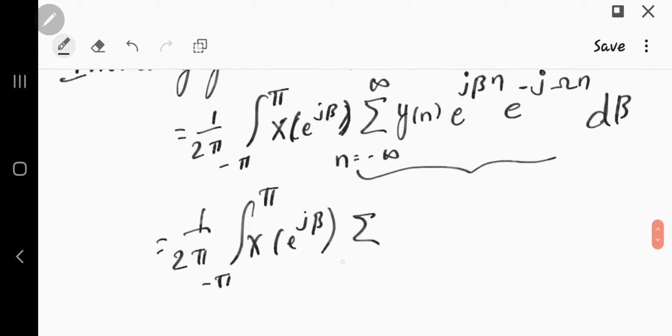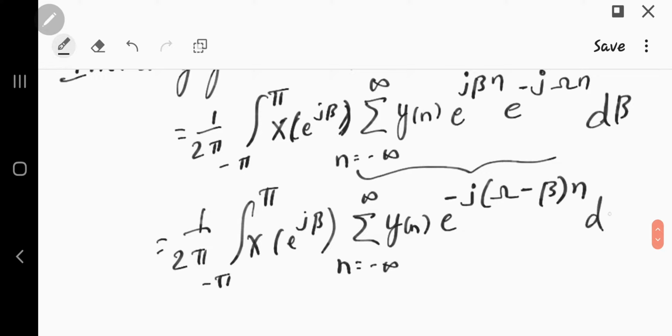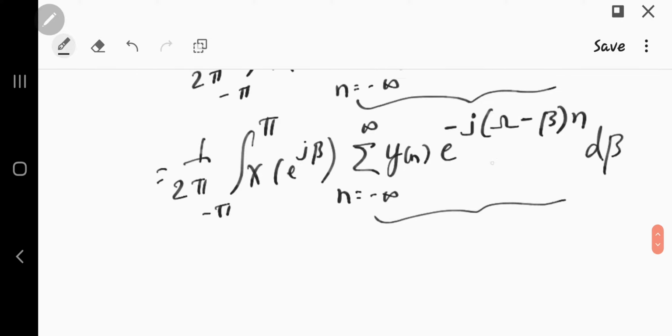We can combine this, n equals minus infinity to plus infinity y of n, common power base e power minus j omega minus beta n d beta. Now if you see this, as we did in the frequency differentiation property, this is similar to y of e power j omega, but in place of omega we have omega minus beta.